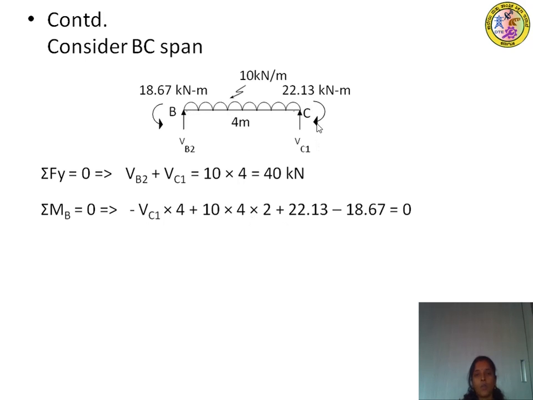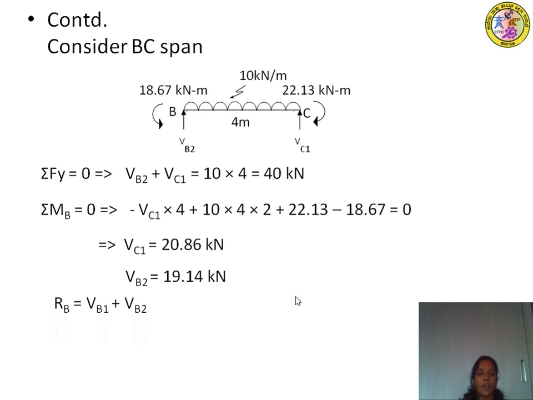Next, this clockwise moment of 22.13 and this anti-clockwise moment of minus 18.67, equal to 0. If you work it out, the VC1 value will be 20.86 kilonewton. When you substitute the value of VC1 into this equation, you get the value of VB2 as 19.14 kilonewton.